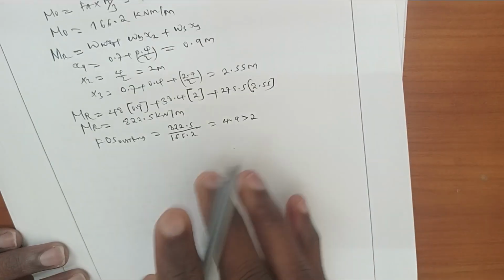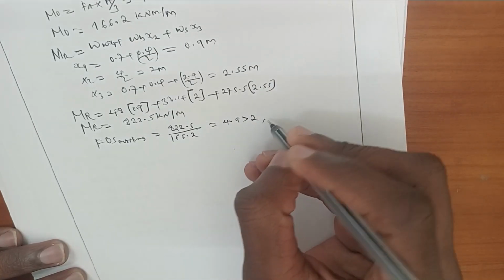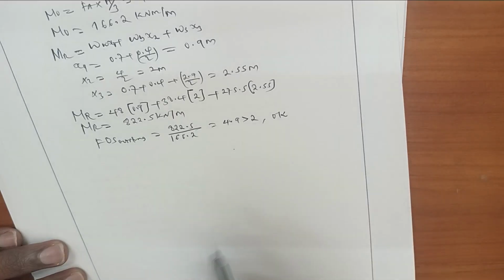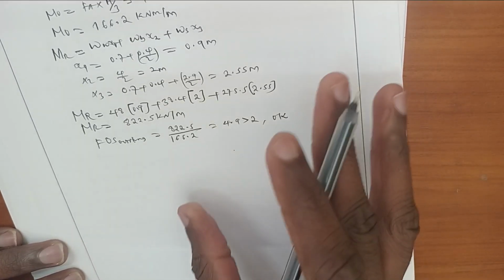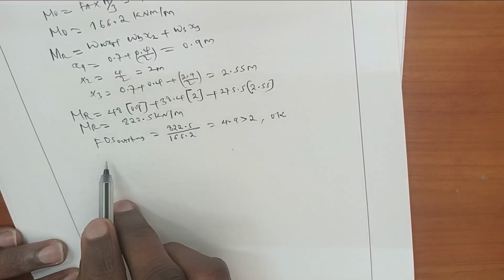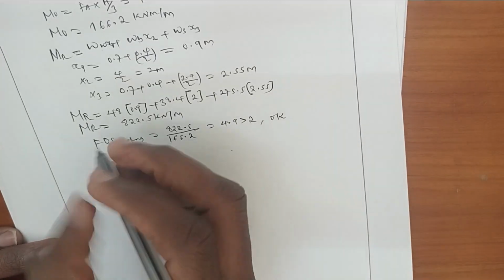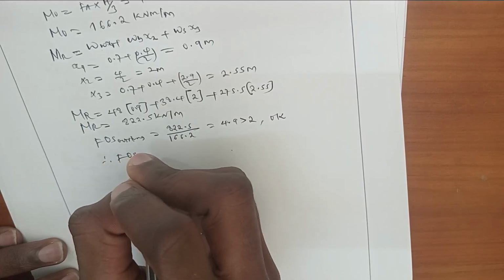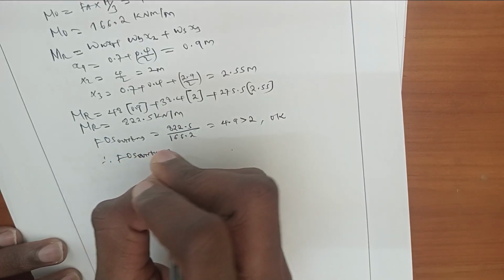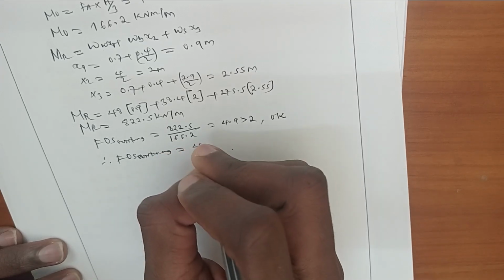Hence, the factor of safety against overturning is okay. So the wall cannot overturn because the factor of safety is okay. The factor of safety against overturning is 4.9.